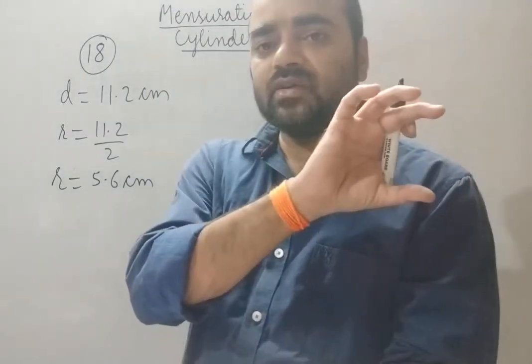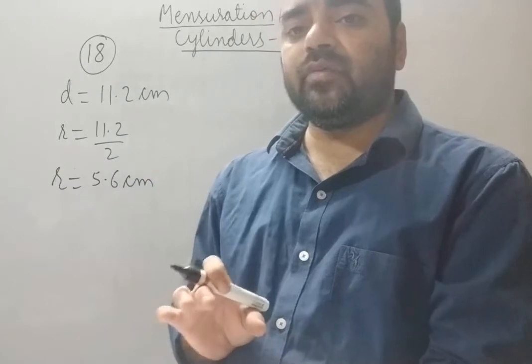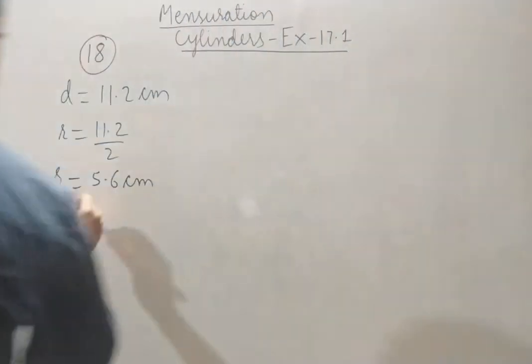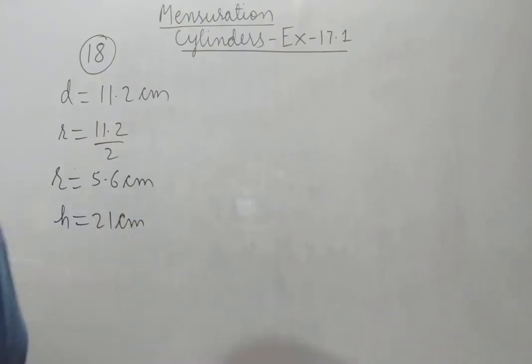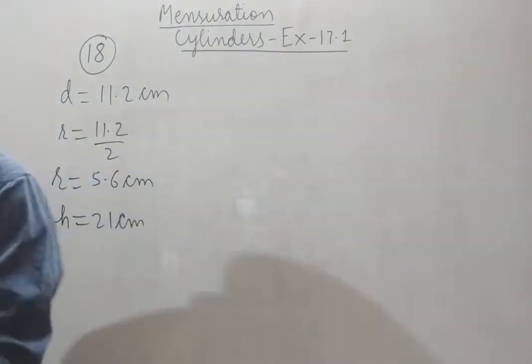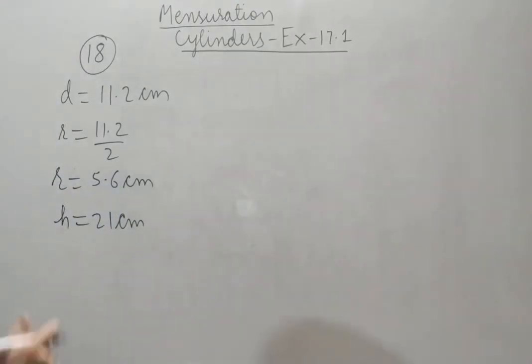And its length is 21. Length means when it is in horizontal position, height will become length. It means height is 21 centimeter. Then metal thickness is 0.4 centimeter.